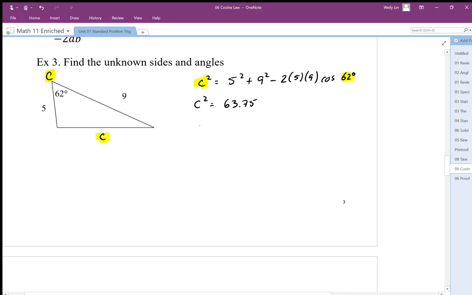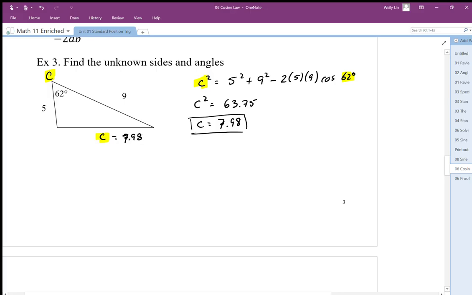I'm getting 7.98, and I'm trying to do as little rounding as possible. And again, depending on your rounding, you might be off by a couple decimals, but no big deal. Okay, as long as you're around 8, that's perfectly fine.